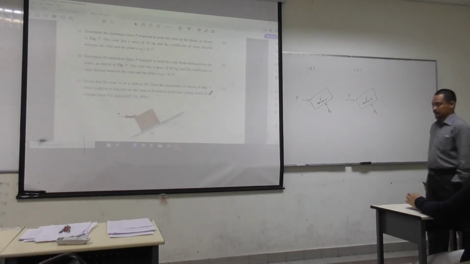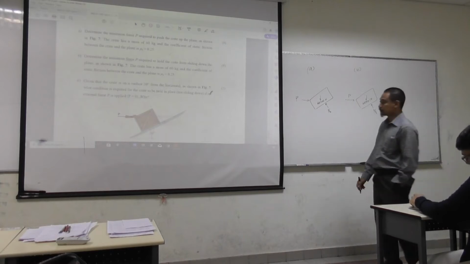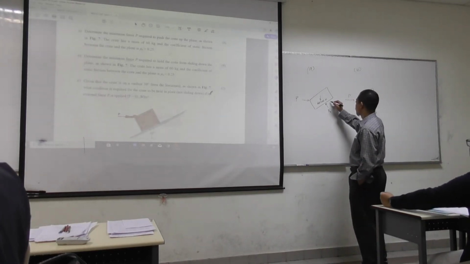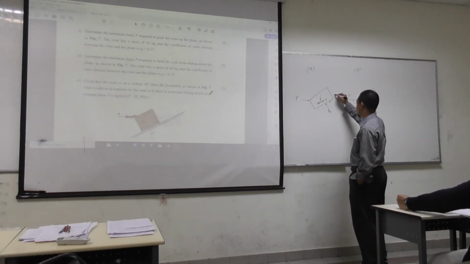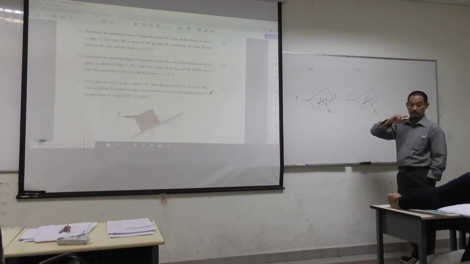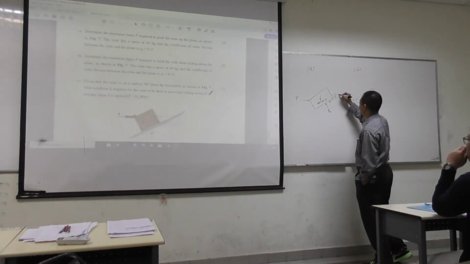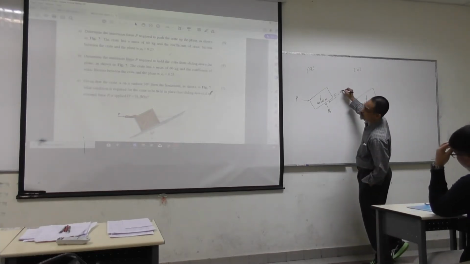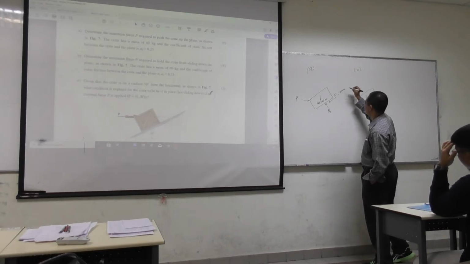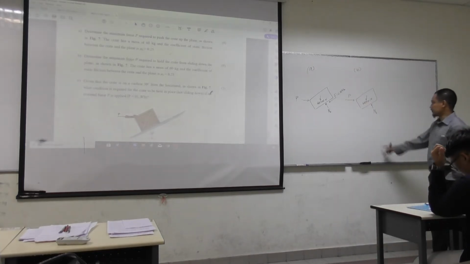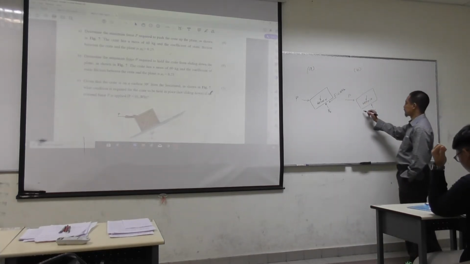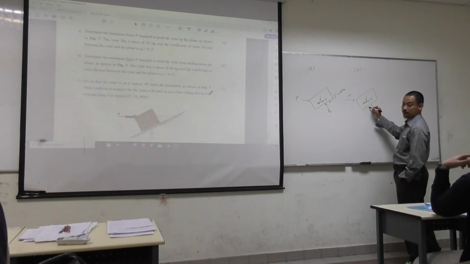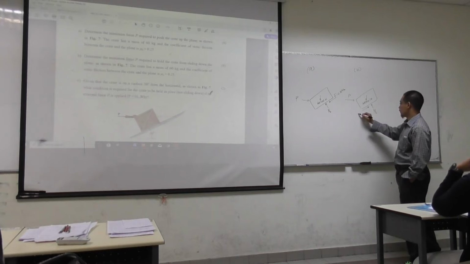For part A, the friction is in which direction? Downward. You have downward like this, right? Is it maximum or not? Yes, so it is 0.25 in this case. Then B. For this one, friction? Upward. So everyone gets this one.